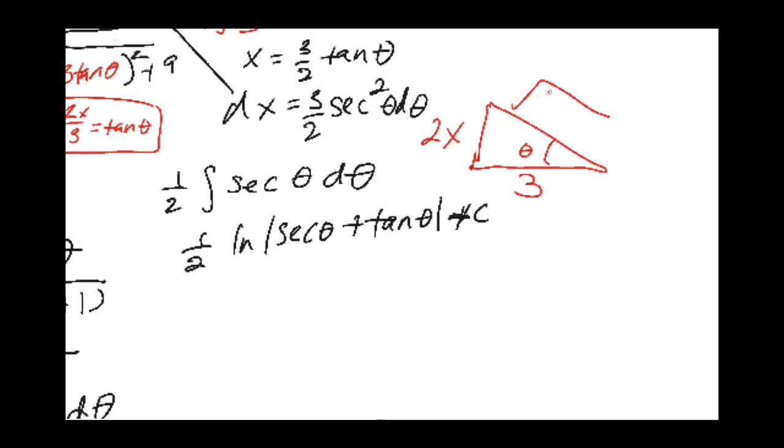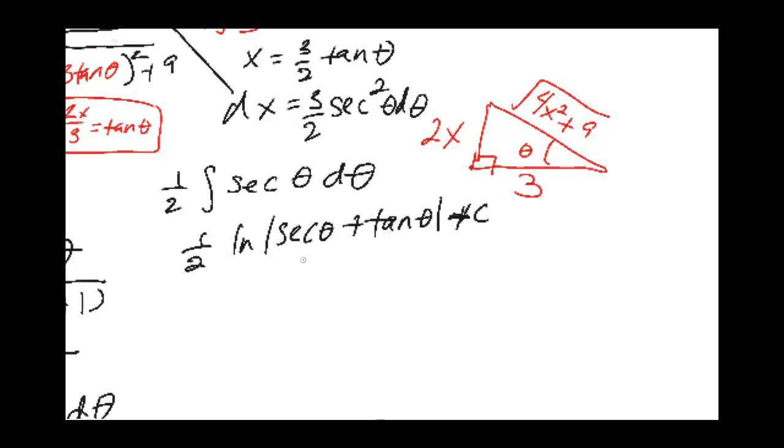If I did it correctly, the Pythagorean theorem, verify that on your own, just square this one plus this one squared gives you that. Now I have a relationship for the right triangle that allows me to find either secant or tangent or cosine or sine of whatever this theta is.